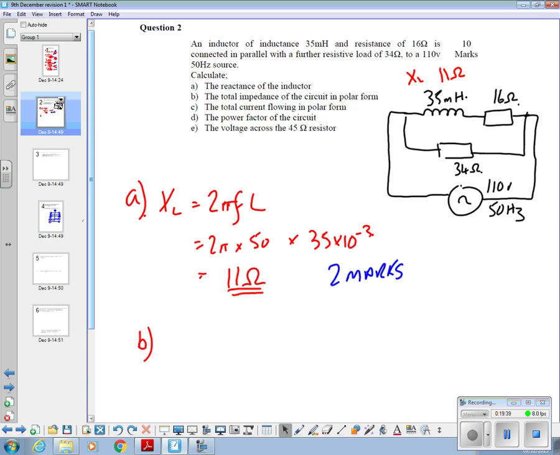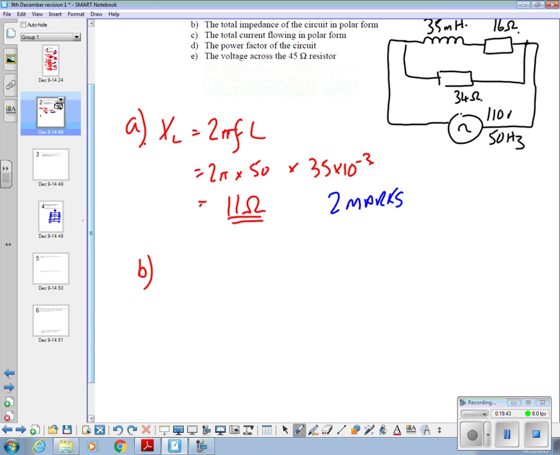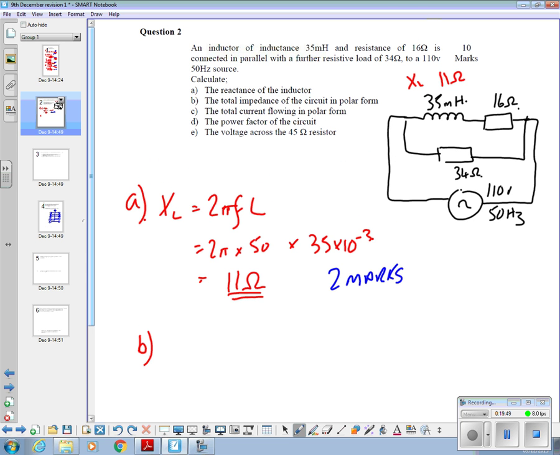So we can write an expression for, remember, this bit of the circuit is one inductor represented by its inductance in henries in series with its winding resistance.